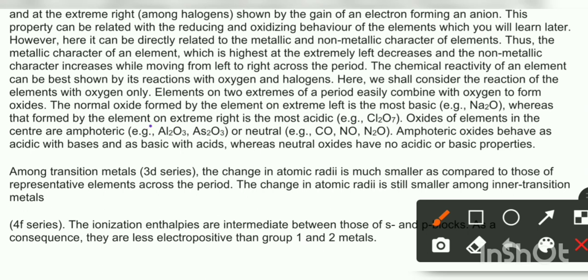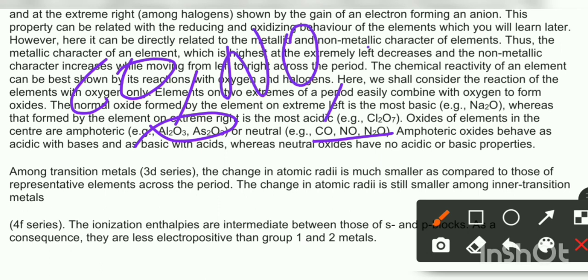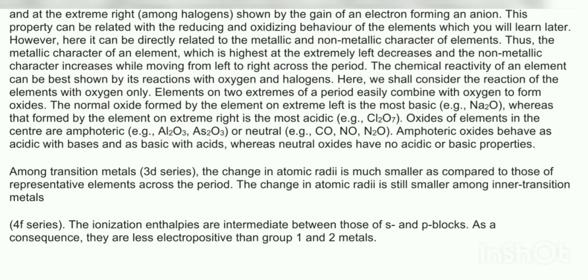Amphoteric nature is observed, and a few oxides are like carbon monoxide, nitrogen monoxide, nitrous oxide, nothing but laughing gas. These oxides are neutral. For your competitive exams, such things are very important.